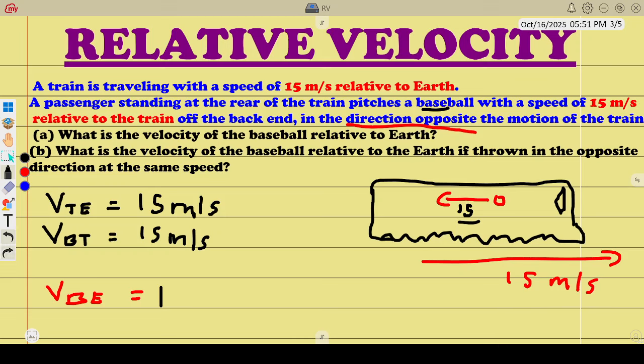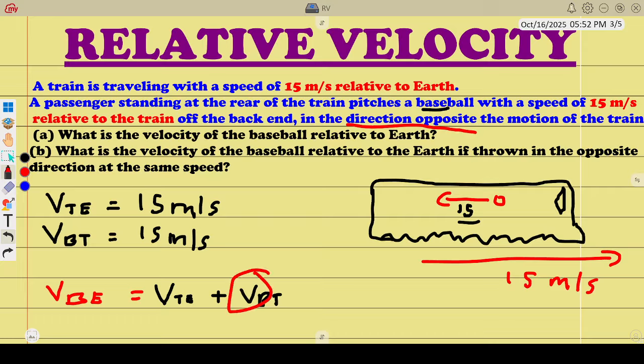You can even write the formula, though not so important. These are just so that you do not get confused. So velocity of the train relative to the earth plus the velocity of the ball comparing it to the train.